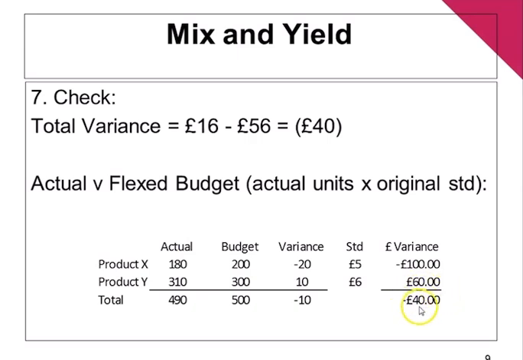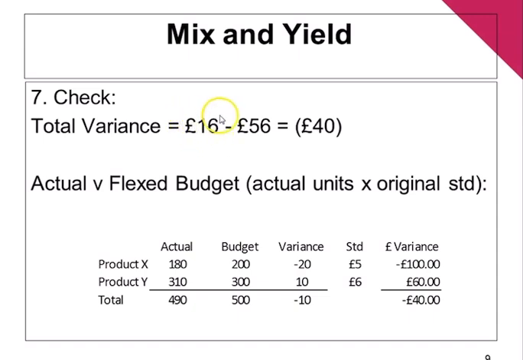Our overall sales volume variance is saying to us that we lost £40. How did we do that? We lost £40 because we didn't sell enough volume wise, although we did very well in terms of what we did sell, we made more margin.